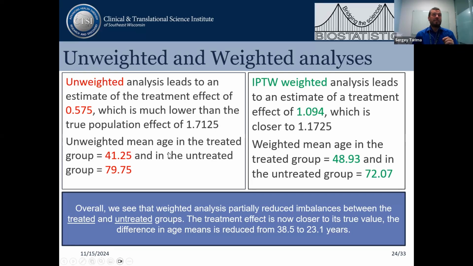When we consider unweighted means, it would be, again, 41 versus 79 years, a high difference. And when weights are applied, in this case, you get 48 versus 72. So it's a little bit closer, but not perfect.